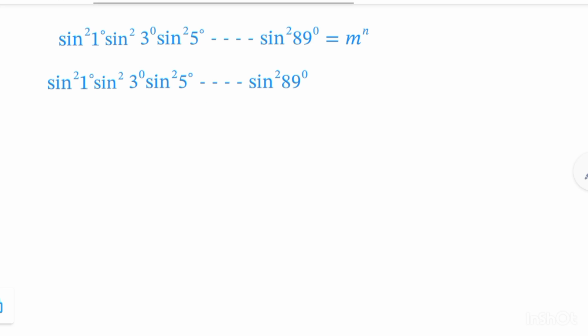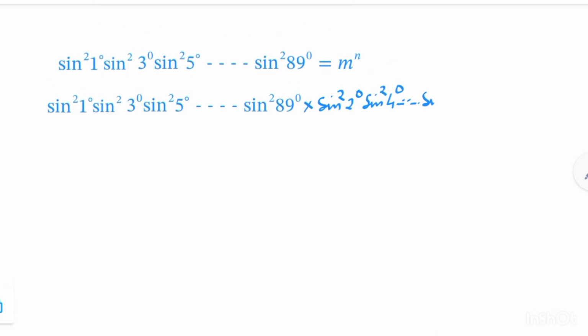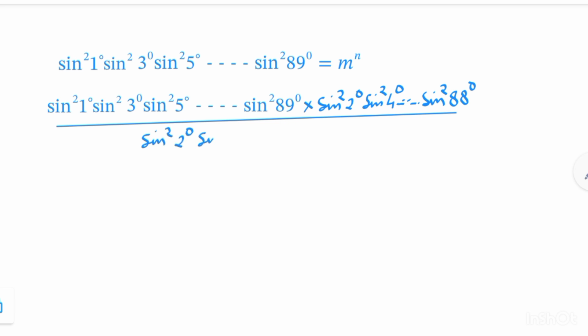So we will multiply and divide by sine square 2 degree, sine square 4 degree and so on to sine square 88 degree.